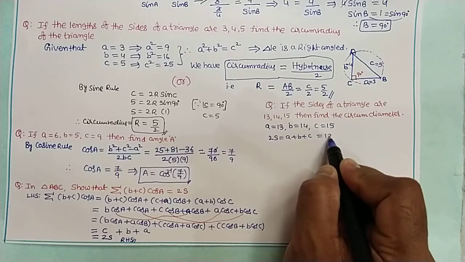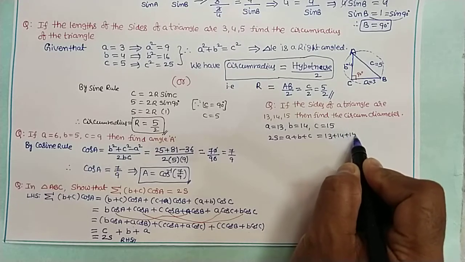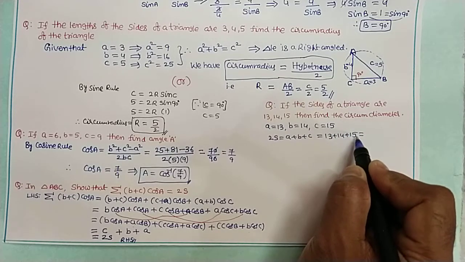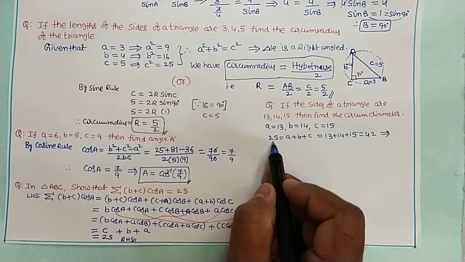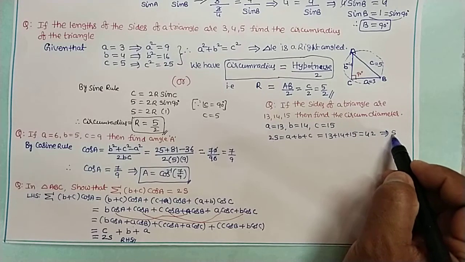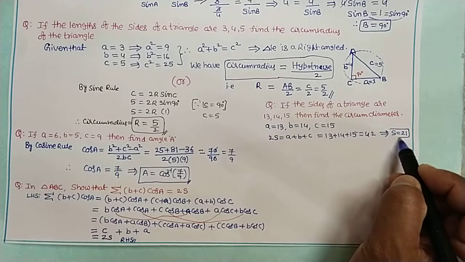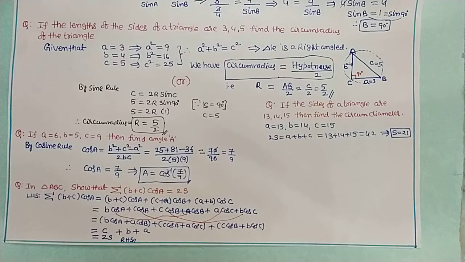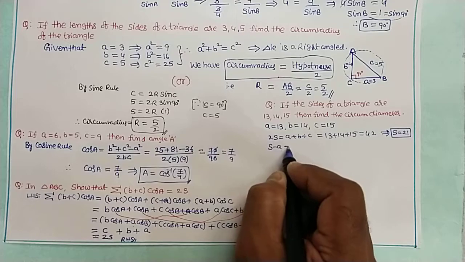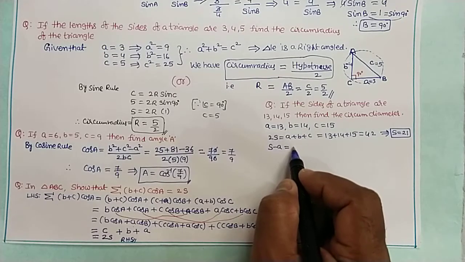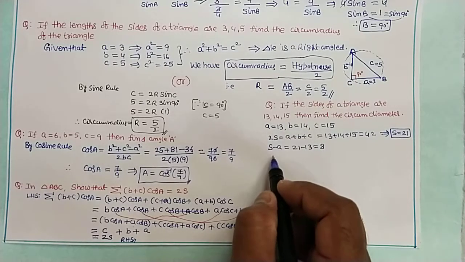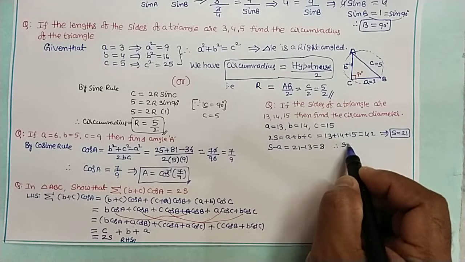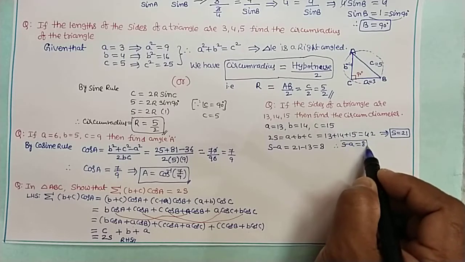So 13 plus 14 plus 15, 27 plus 15, that is 42. That implies 2s is equal to 42, s is equal to 21. After that, calculate s minus a, s minus b, s minus c. s minus a, 21 minus 13, 8.